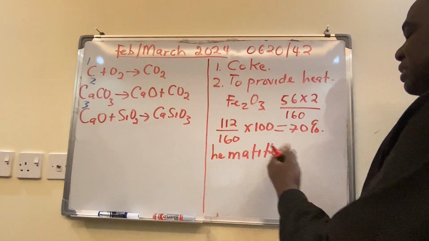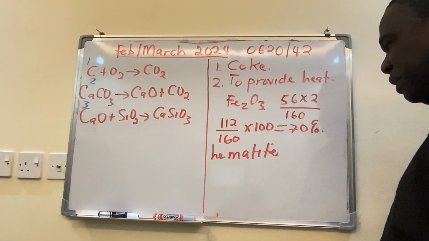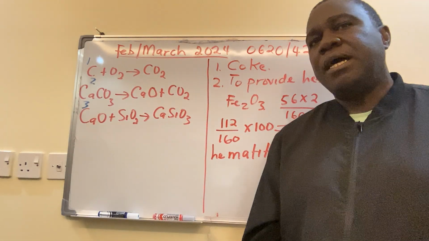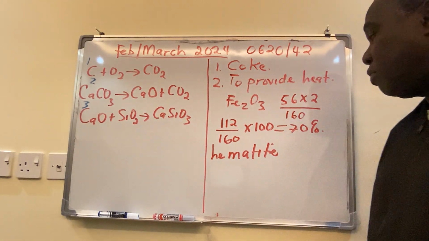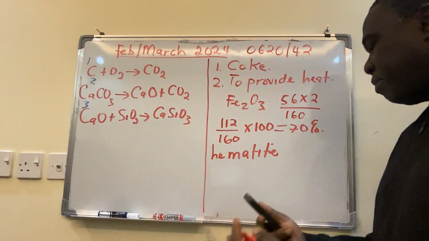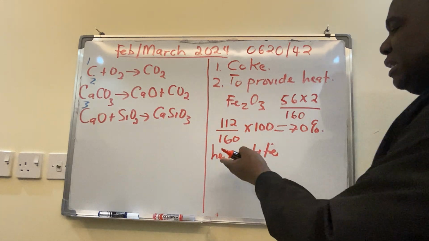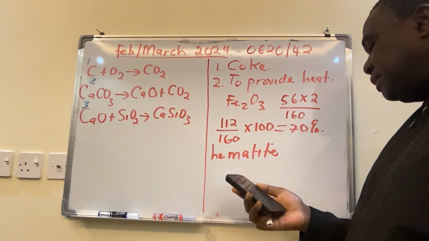The syllabus expects you to give the common names for zinc sulfide, copper sulfide, iron oxide, and so forth, but the answer we expect here is hematite.